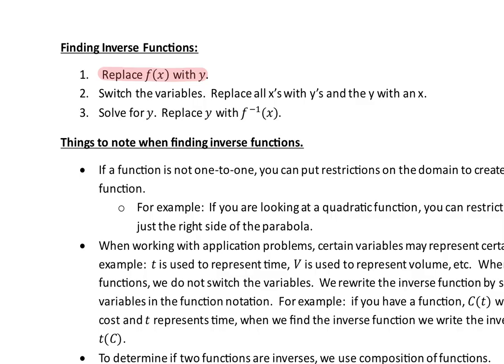And so basically, we want to exchange the variables, x's with y's and y's with x's. And finally, we're going to solve for y. We do want the inverse function, and so we're going to replace y with f inverse of x.